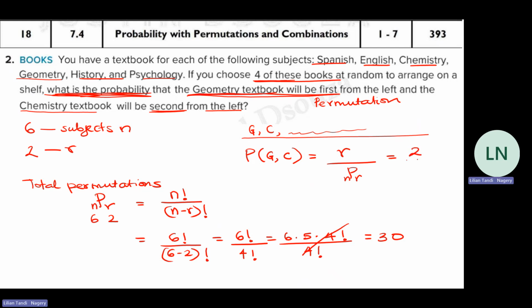So your R was how much? Your R was 2. And your total permutation was what? 30. 2 goes here 1 time, 2 goes here 15 times. Your solution should be 1 out of 15. And then you box your answer.